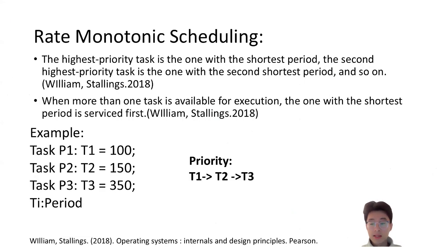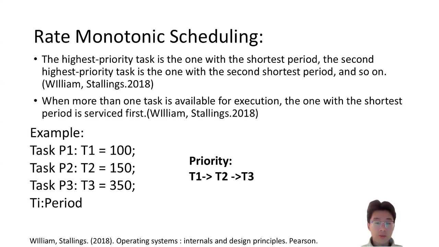And about process scheduling in real-time systems, there is rate monotonic scheduling. It's very useful. I give you an example. Here you can see task one uses 100 seconds, and task two 150 seconds, and task three uses 315 seconds, and the period.